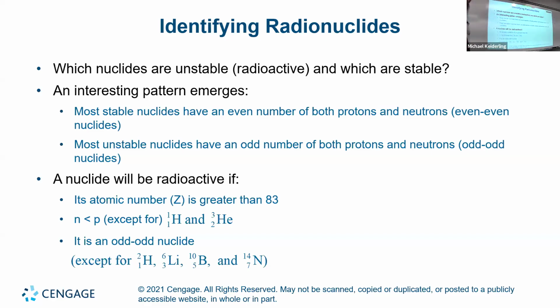So a nuclide will be radioactive if its atomic number Z is greater than 83, if the number of neutrons is less than the number of protons, with 2 exceptions, just hydrogen-1 and helium-3, only for the lightest of elements, or if it's an odd-odd nuclide, with a few exceptions as well. Deuterium is stable. Lithium-6 is stable. Boron-10 is stable, and nitrogen-14 is stable. Again, the very smallest ones.